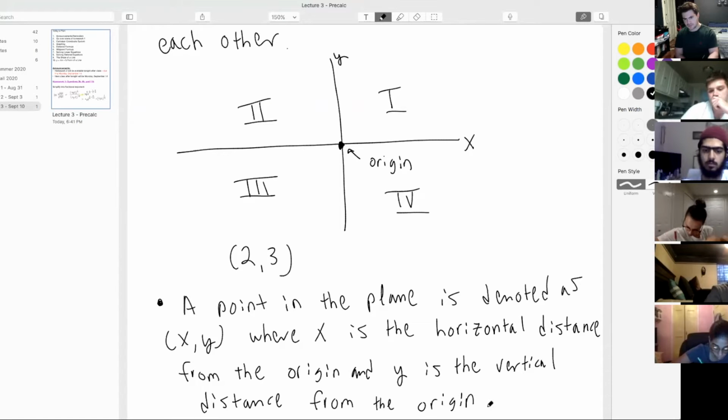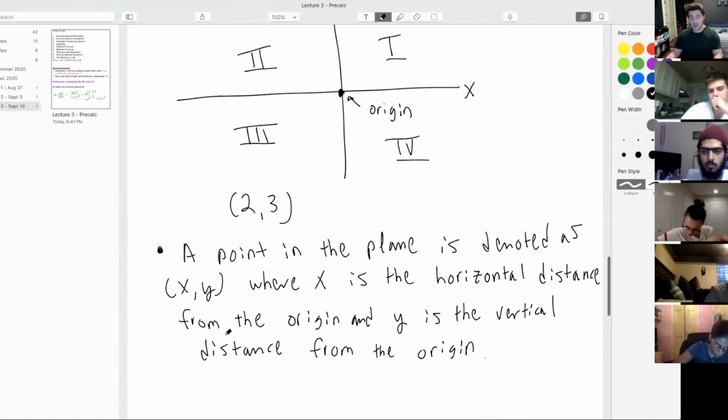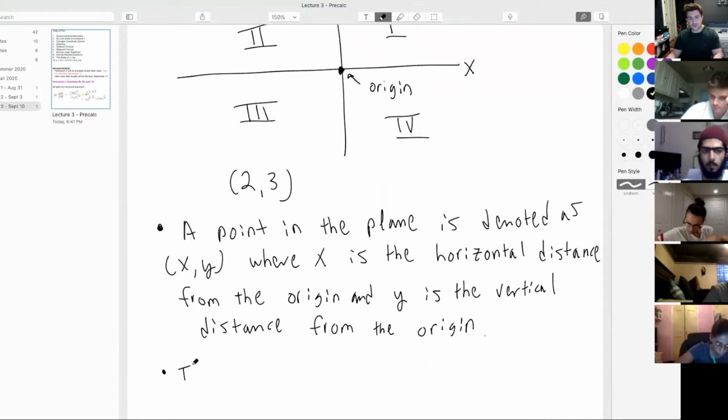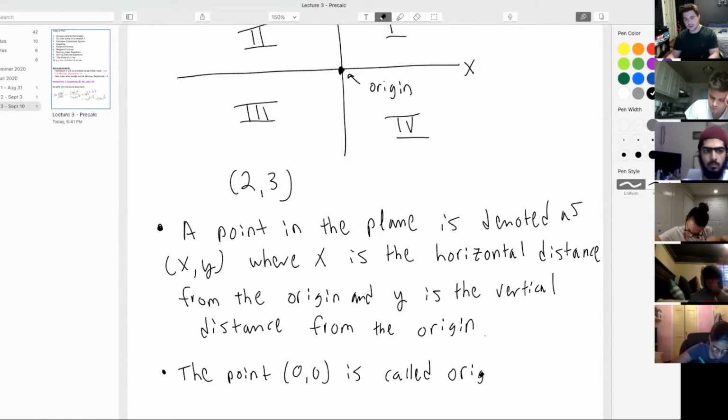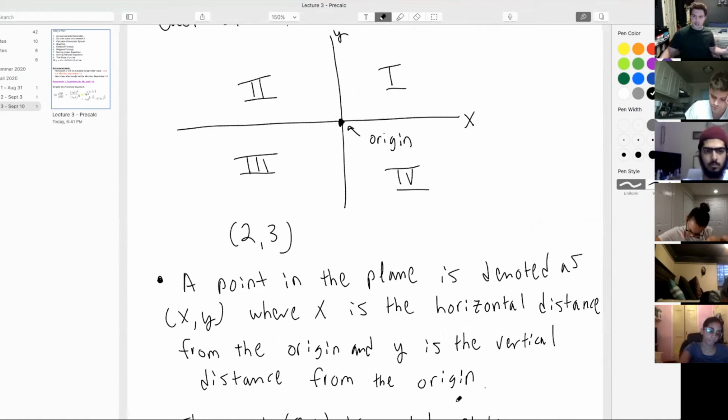Okay, so I'm just being very explicit about how to graph a point x, y, okay? And as I said before, the point 0, 0 is very special. The point 0, 0 is called the origin, okay? So that's a very special point.